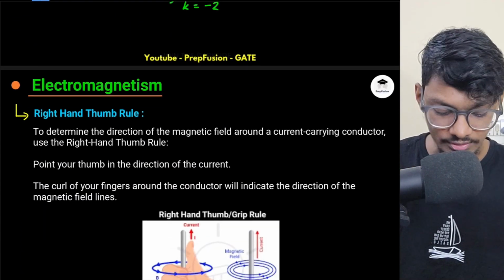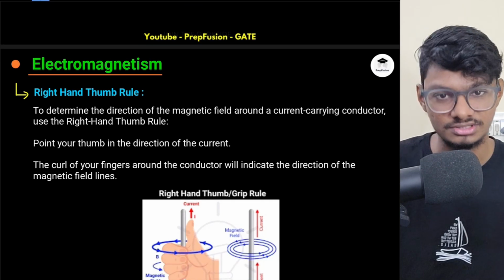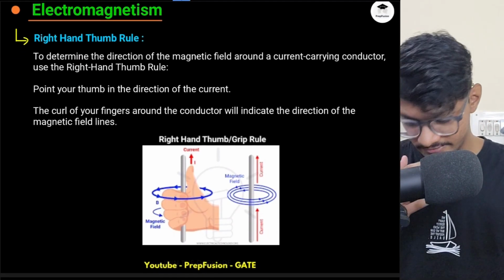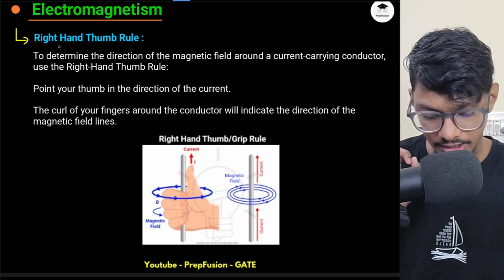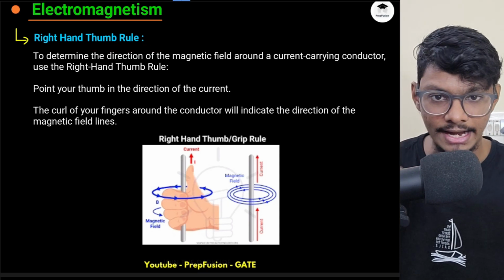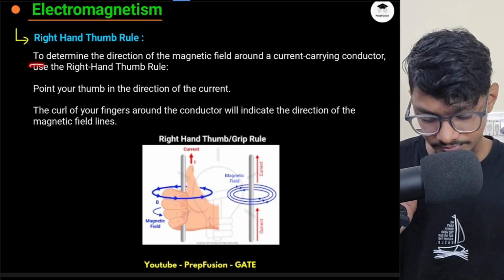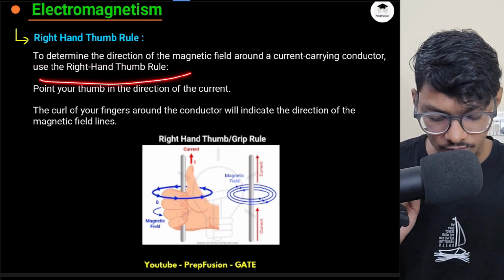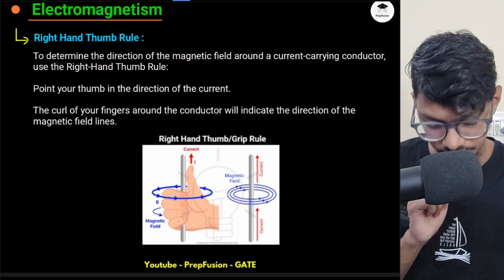Now let's understand the direction. I've just briefly explained direction; now let's formally understand it. We find the direction of the magnetic field with the help of the right hand thumb rule. To determine the direction of the magnetic field around a current carrying conductor, use the right hand thumb rule.